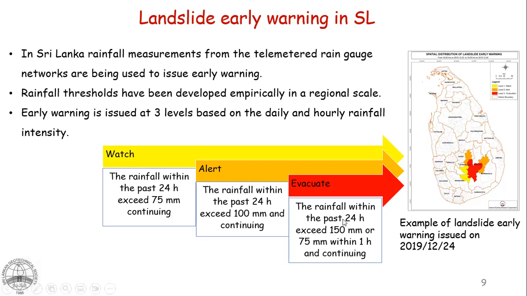And if the rainfall within the last 24 hours exceeds 150 millimeters and there is rainfall of the order of 75 millimeters within 1 hour and still continuing, then people are requested to evacuate from these critical sites. Now, these threshold rainfall values were decided based on experience.